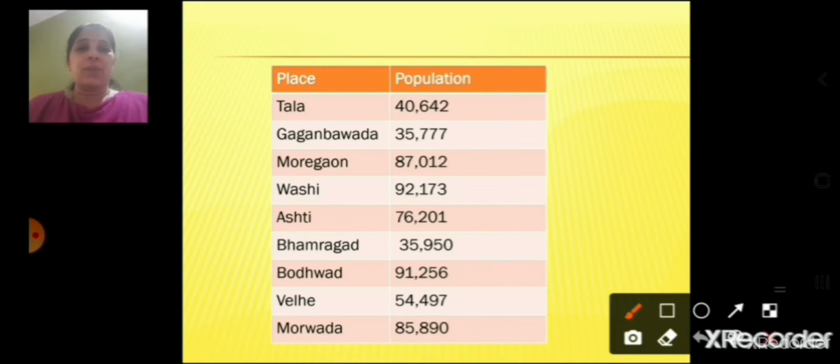So you have all the numbers are 5 digit numbers, right? So what we can do, we can directly start from our left hand side and see which number is the largest. Now 4, 3, 8, 9, right? So here 9 is the largest. Next is 7, 3, again here it is 9, okay, and again 5 and 8. So we got two numbers, the largest, that is 9, and for Vashi and Bodhwad, right?